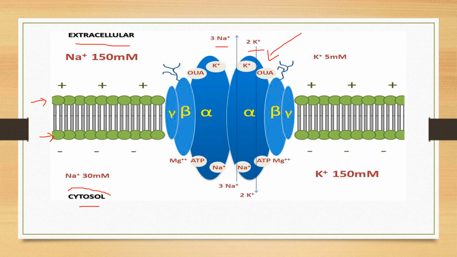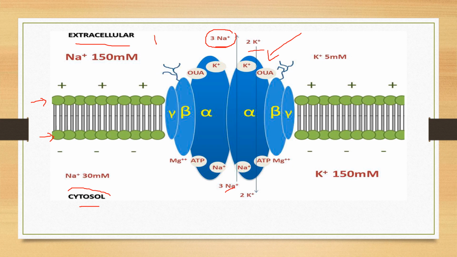Now, the sodium potassium pump is part of active transport, and here the molecules move from an area of low concentration to an area of high concentration. As you can see here, the 3 sodium ions.